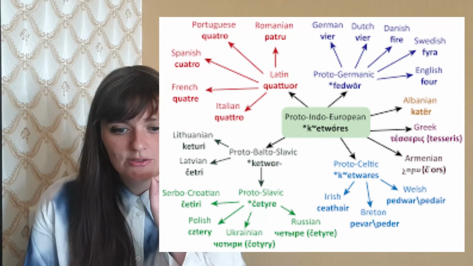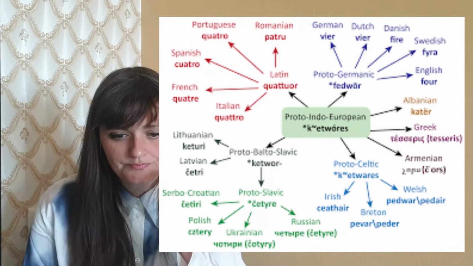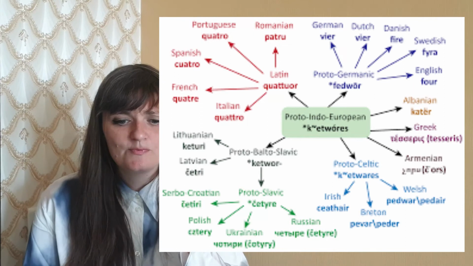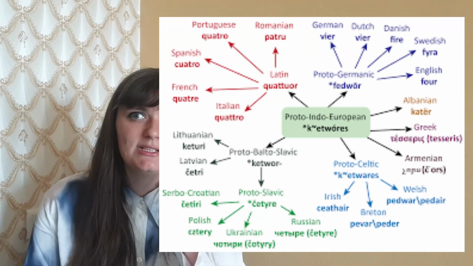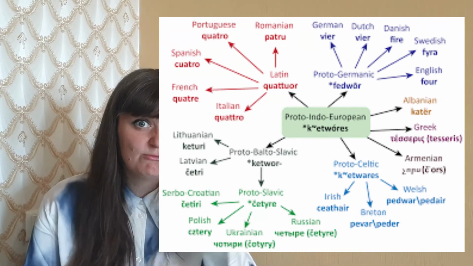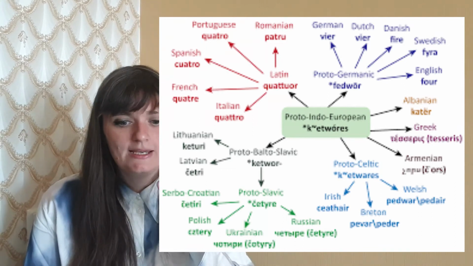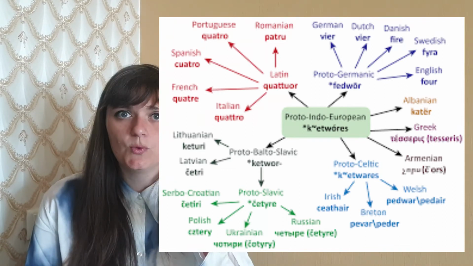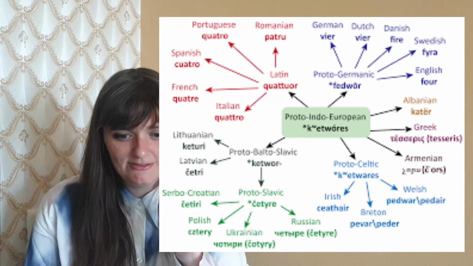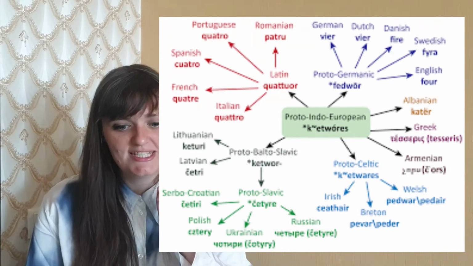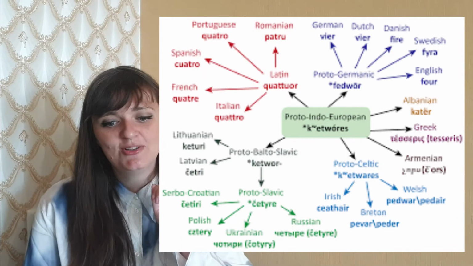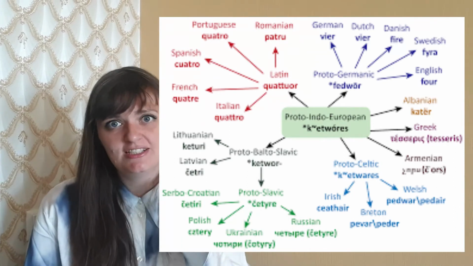Right? And then we can go to, let's say, Latin. We know how the Latins said the word for because actually they wrote their language down. So we say in Latin, quatuor. And then let's go to the Slavic language. We have chetri, cheteri, chpori, chetere. Okay, so probably in Proto-Slavic it was chetere.